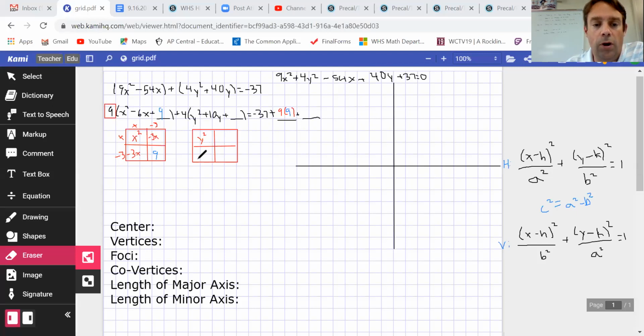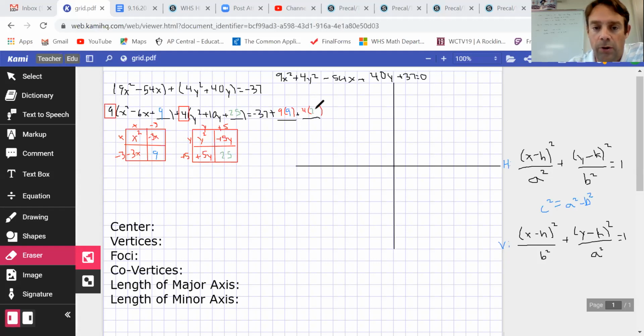We're going to break our 10y in half, so positive 5y, positive 5y. Y, positive 5, positive 5. And then that gives us a 25 down here. So we're going to add that in up here. Again, remember, it's not just 25 we're adding to both sides, it's 4 times 25. I need to bring that 4 with me.